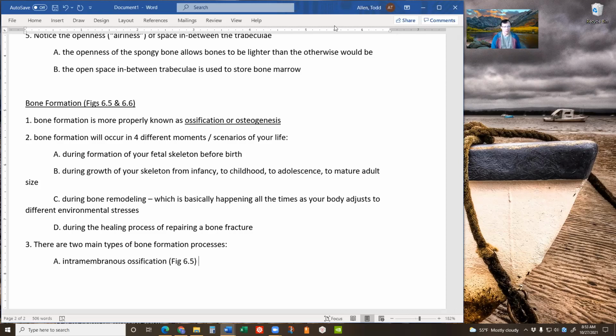So for intramembranous ossification, bone is formed directly in the mesenchymal layer of cells, which again is embryonic connective tissue. In this process, bones are formed directly in the mesenchyme. If you don't remember what mesenchyme is, you can take a look at chapter 4 and it will reveal to you that it is a form of embryonic connective tissue.